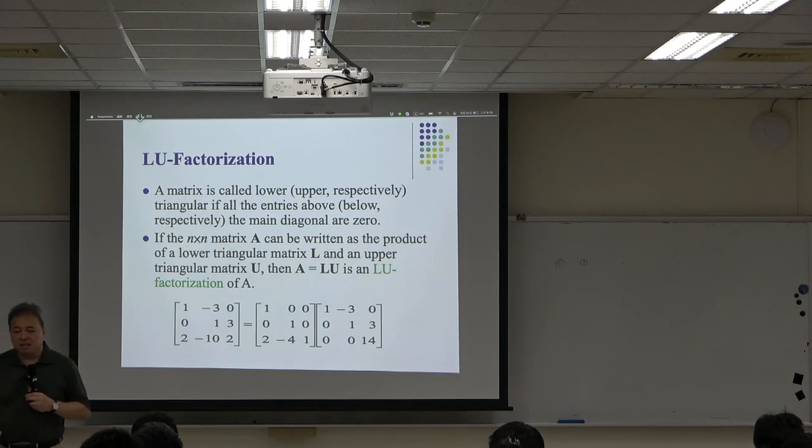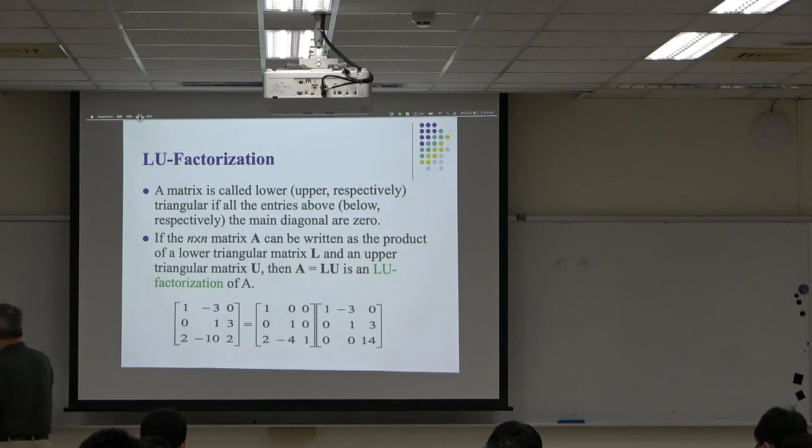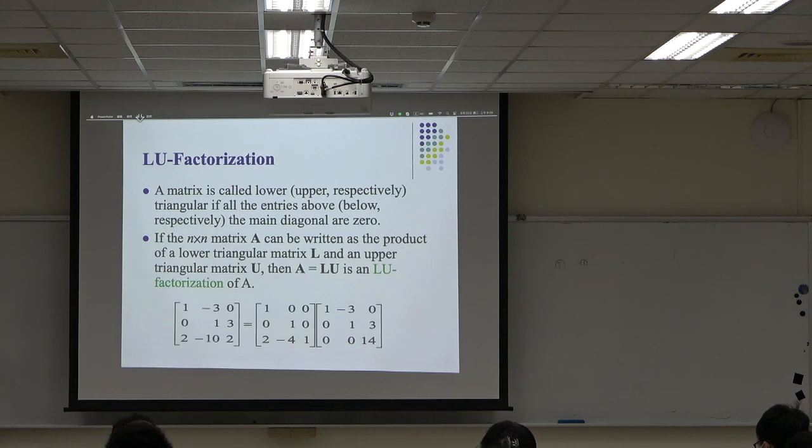That's lower triangular. If it's upper triangular, then it's the opposite. We have something here, but everything below the diagonal is 0.